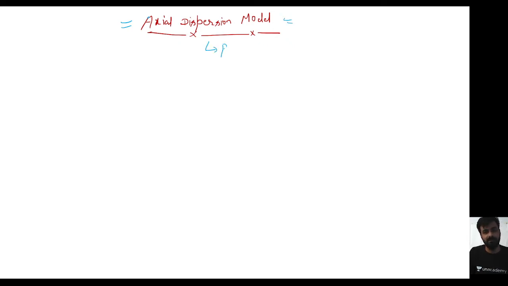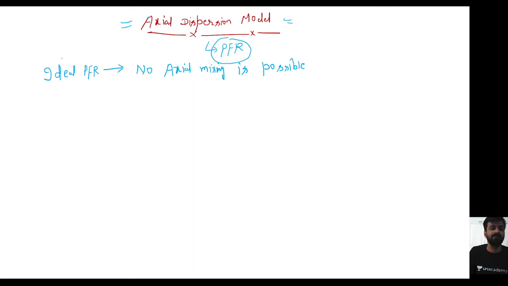First of all, when we talk about the ideal PFR, there we assume that no axial mixing is possible in an ideal PFR. Okay, that becomes very important.